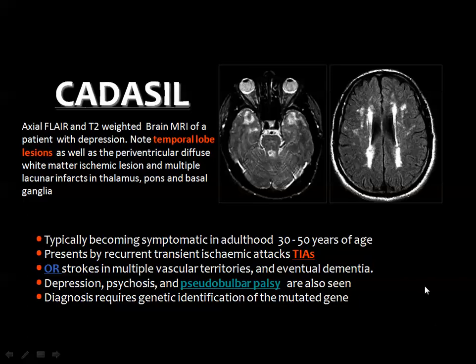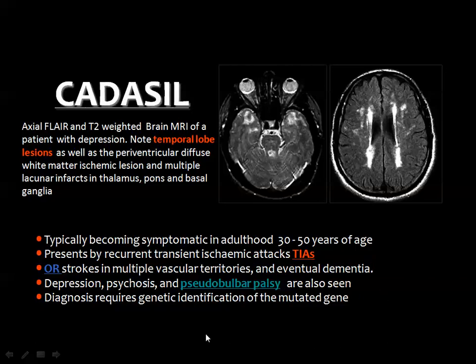The lesions are similar to the subcortical arteriosclerotic encephalopathy. Most of the patients will present with recurrent transient ischemic attacks or strokes in multiple vascular territories, and eventually the patient will go into dementia.